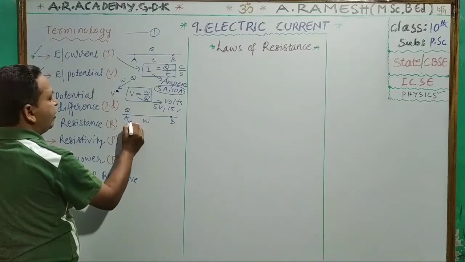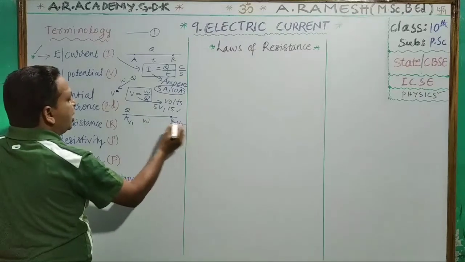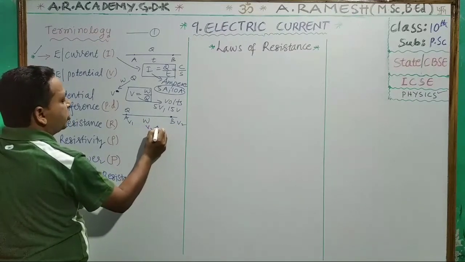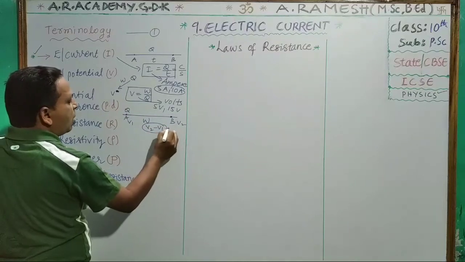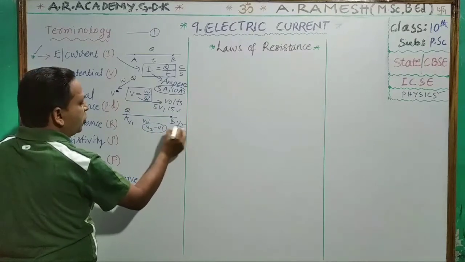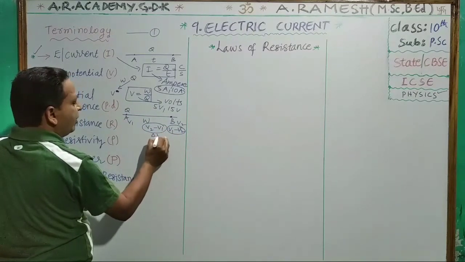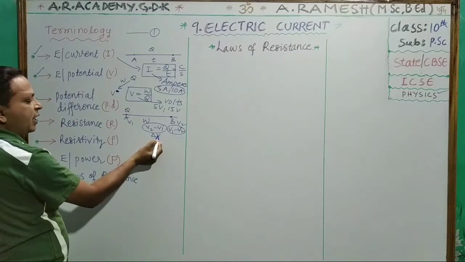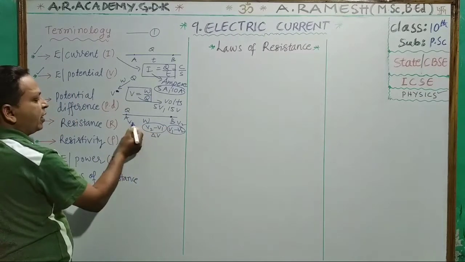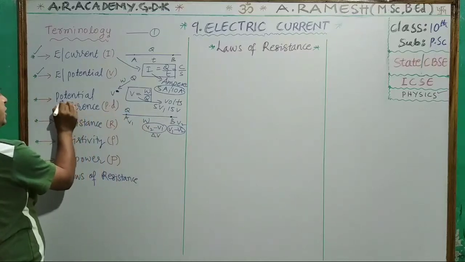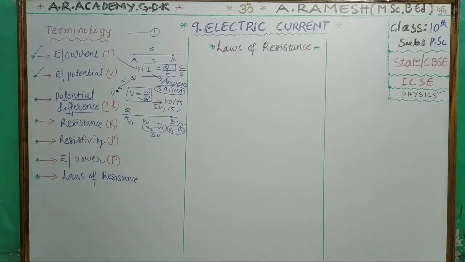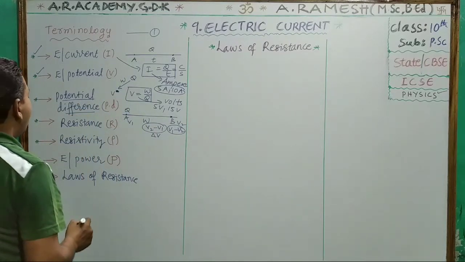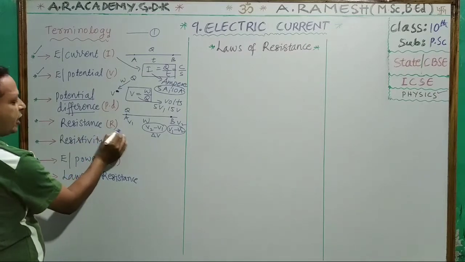If it is V1 and V2, then the potential difference we can call V2 minus V1 or V1 minus V2. It is denoted by delta V also. Potential difference delta V, V2 minus V1 or V1 minus V2. This is about the potential difference. PD you remember.